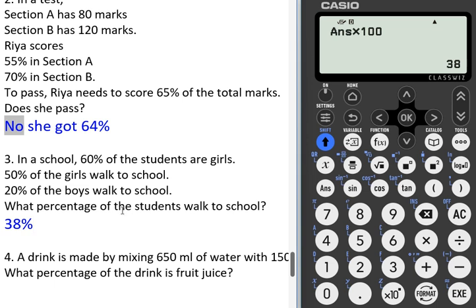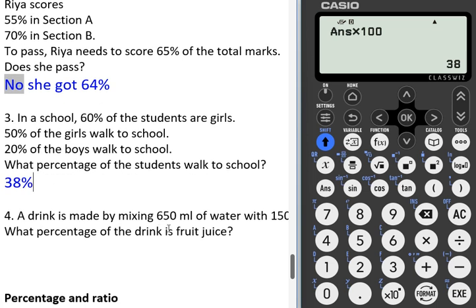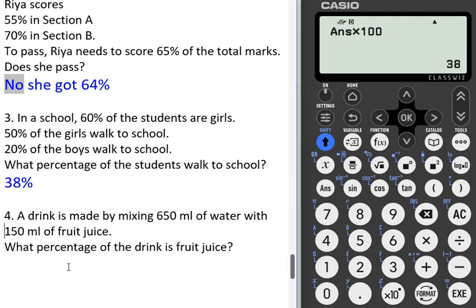Okay, and question 4 here. A drink is made by mixing 650 millilitres of water with 150 millilitres of, we don't know, but let's have a look, 150 millilitres of fruit juice. What percentage of the drink is fruit juice? Okay, so I'm going to have the fruit juice.